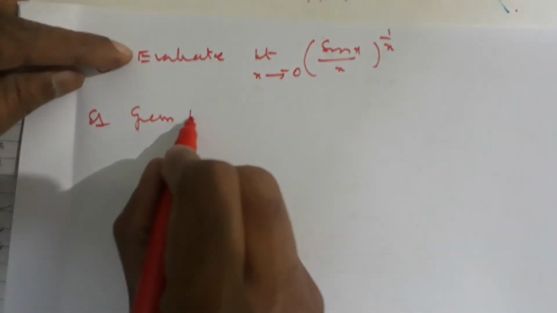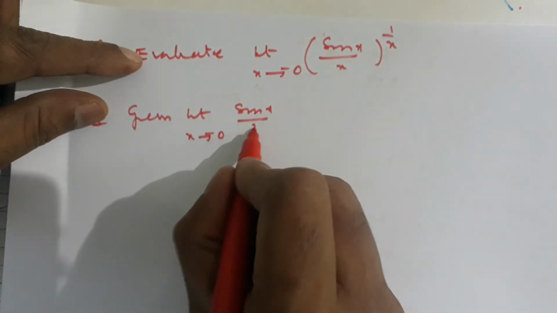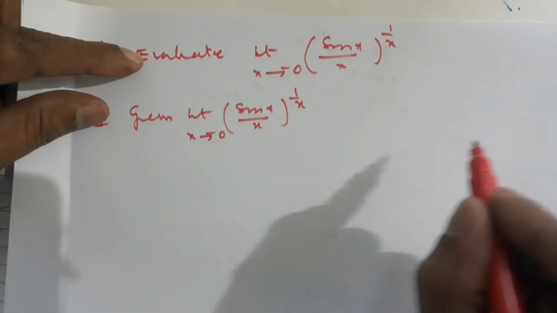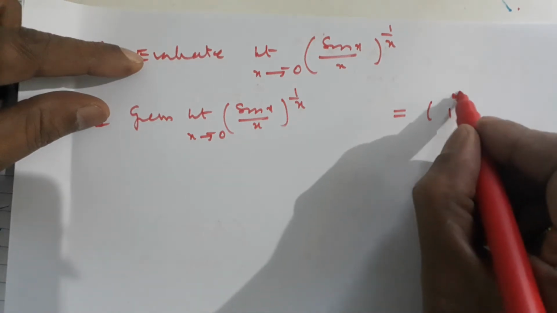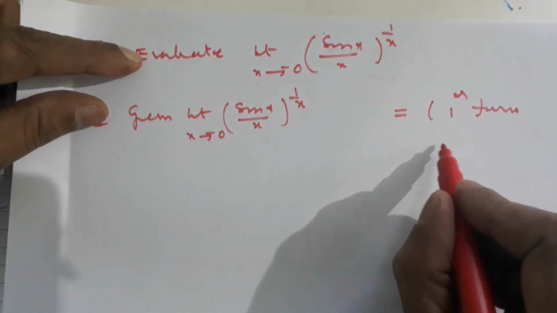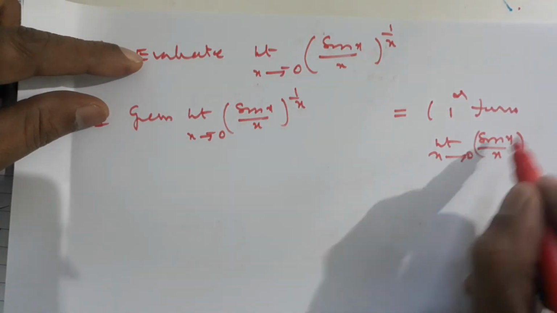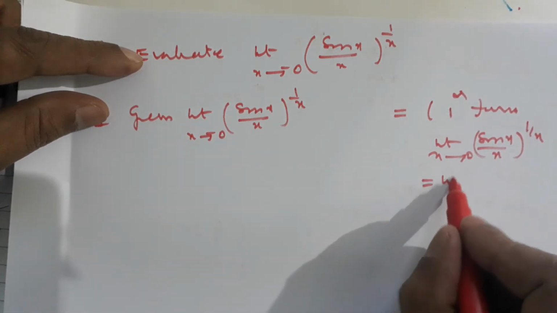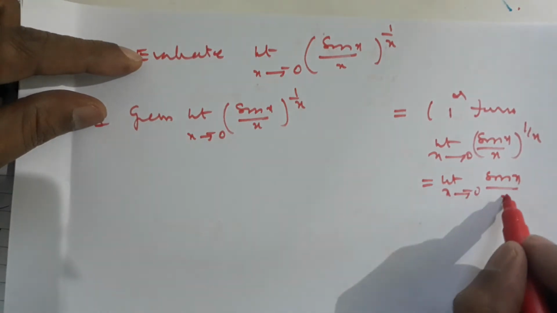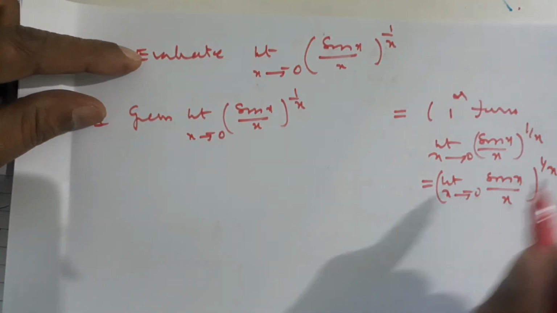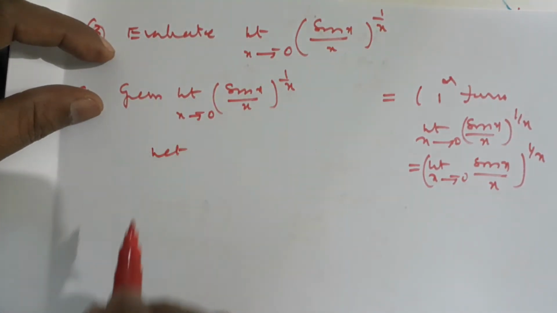Given limit x tends to 0, sin x by x whole to the power of 1 by x. It is of 1 to the power of infinity form, because limit x tends to 0, sin x by x is 1.